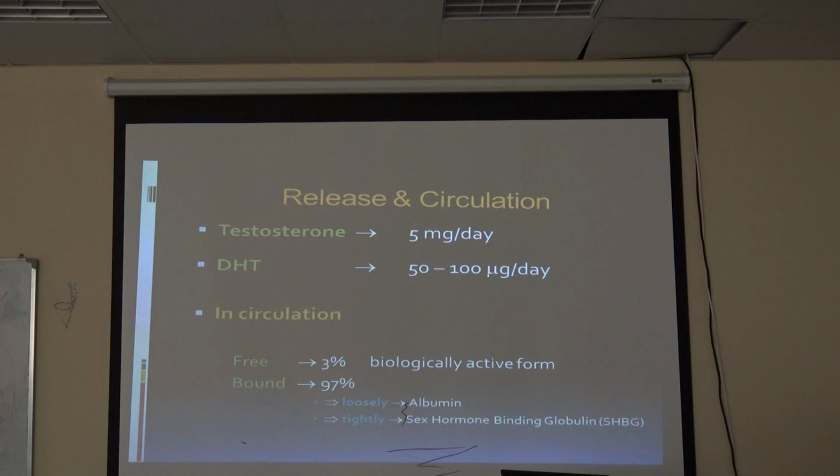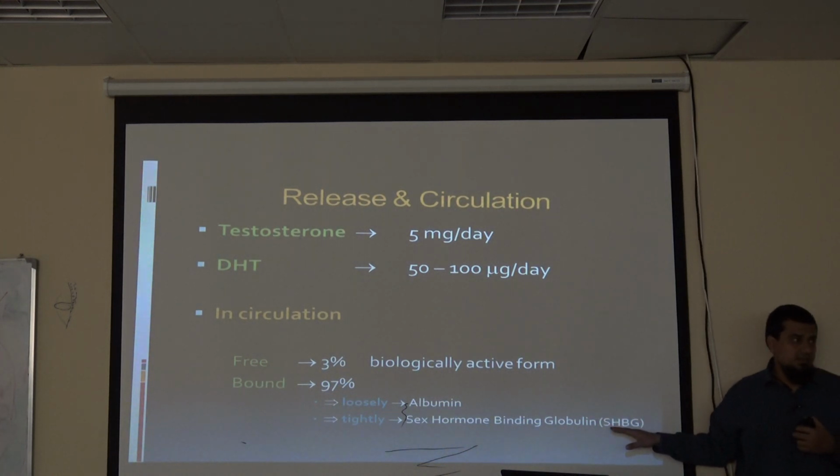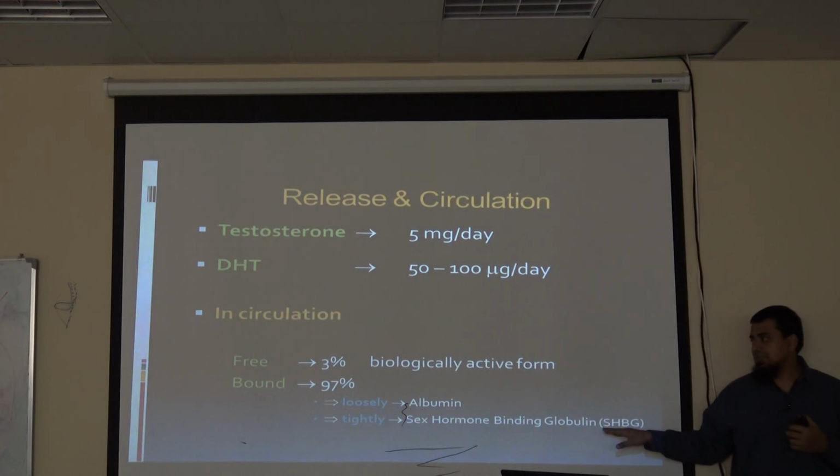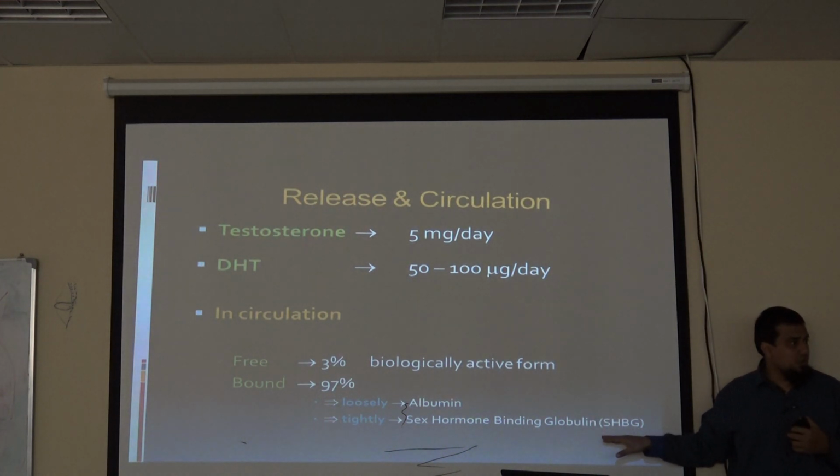Because of their lipid nature, steroid nature, they cannot circulate freely in the plasma. Clear? Only 3% of the hormone is circulated freely. The rest of the hormone binds to plasma proteins, and the majority binds to sex hormone binding globulin.